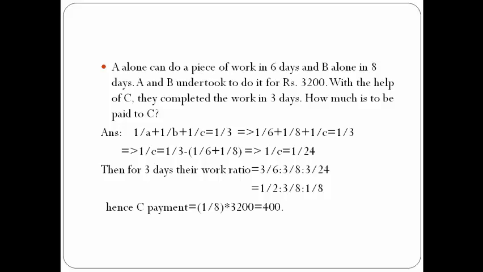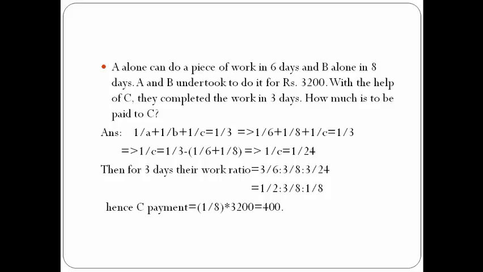Here we need to calculate the combined work. 1 by A plus 1 by B plus 1 by C is equal to 1 by 3. 1 by 3 is nothing but the 1 day's work of A, B, C working together, because in the question they complete the work in 3 days.